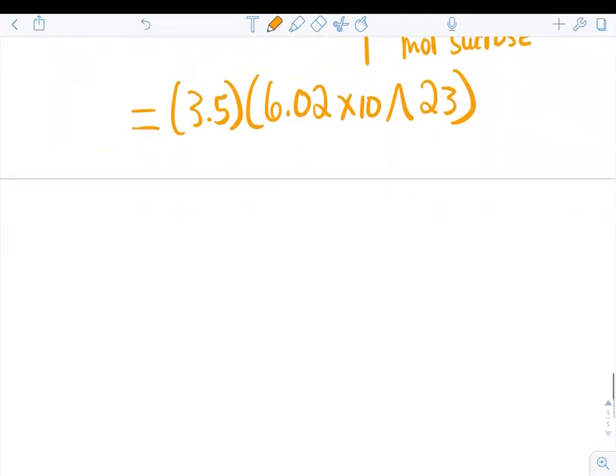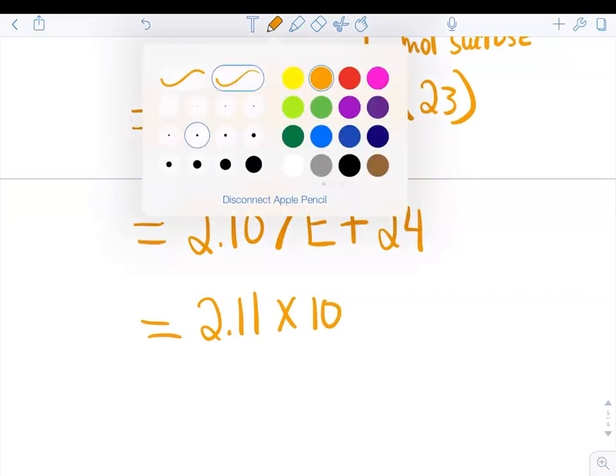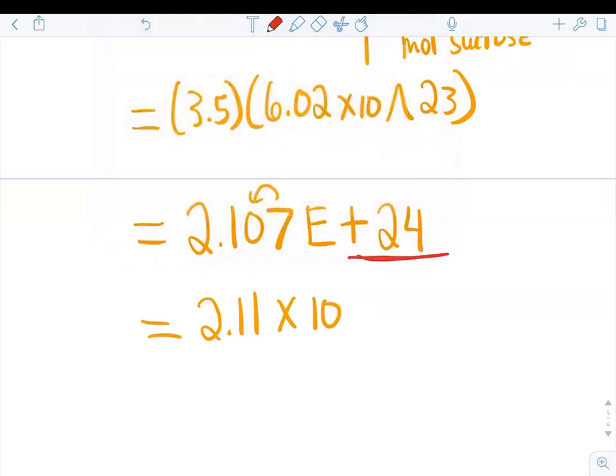Whenever we type this into our calculator, your calculator is going to give you 2.107 E plus 24. First off, you have to round to 2 decimal places, so this is going to round to 2.11. The E means times 10, and then this right here is your exponent.